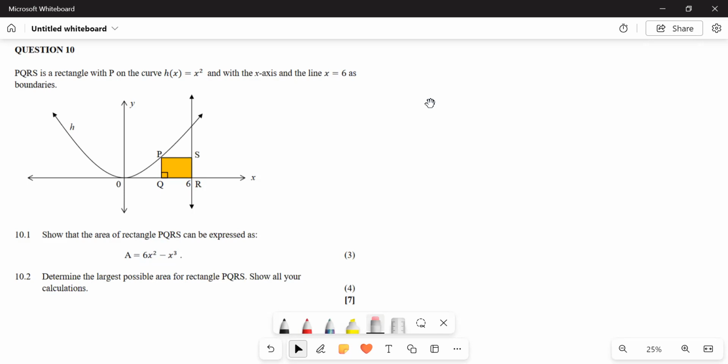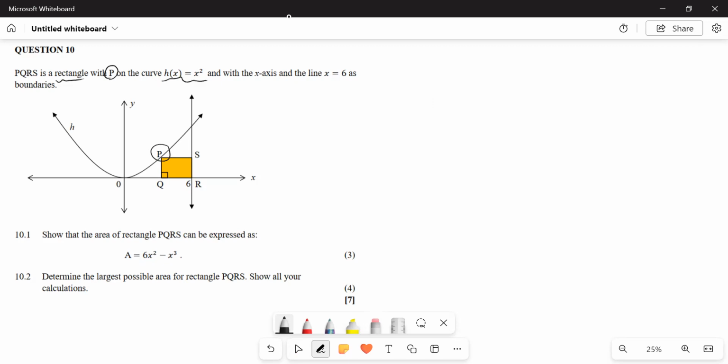So today's topic is based on application of calculus, a topic from grade 12. Now, as per normal, let's jump to the statement. PQRS is a rectangle with P on the curve, as you can see.